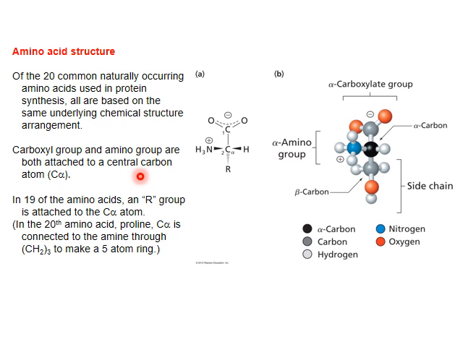So this is a general structure of an amino acid shown right here, and notice that we have some annotations on this molecule. We talked about amino acids before when we looked at acid-base chemistry. So it should be familiar to you that you have a carboxylate group here that has a pKa value, and an amine group that has a pKa value. This is what we consider acidic, and this is what we consider basic.